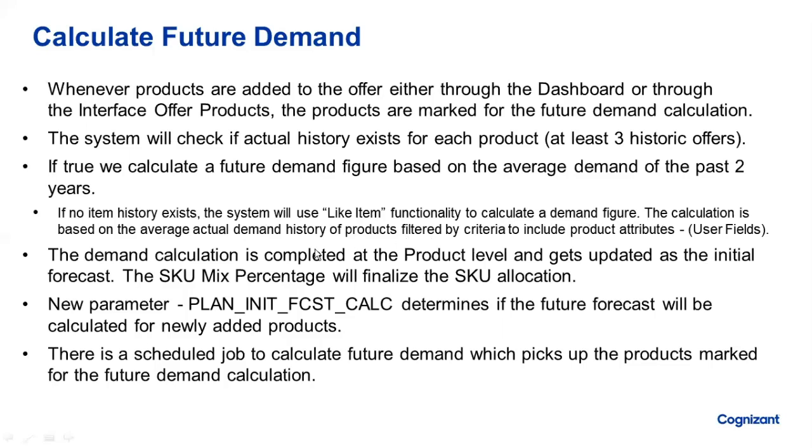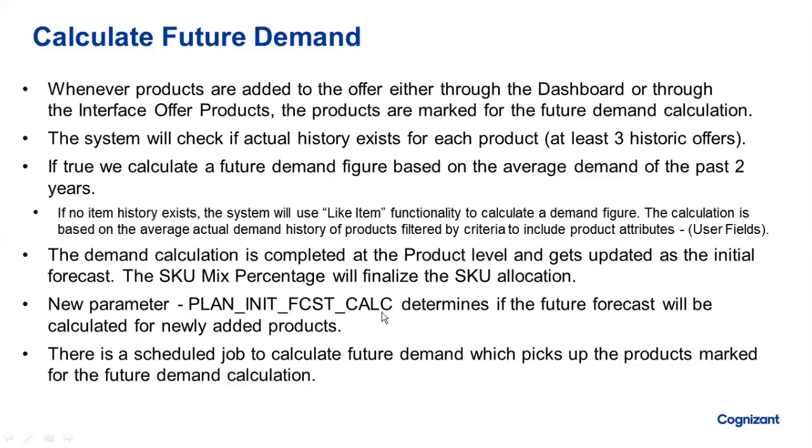So the calculation is based on that average demand of products, and it's filtered by criteria, user fields. Those are the different product attributes that you have. It's completed at the product level. You still will have to go in and figure a SKU mix percentage. We have a new parameter that'll determine if this future forecast functionality will be used.